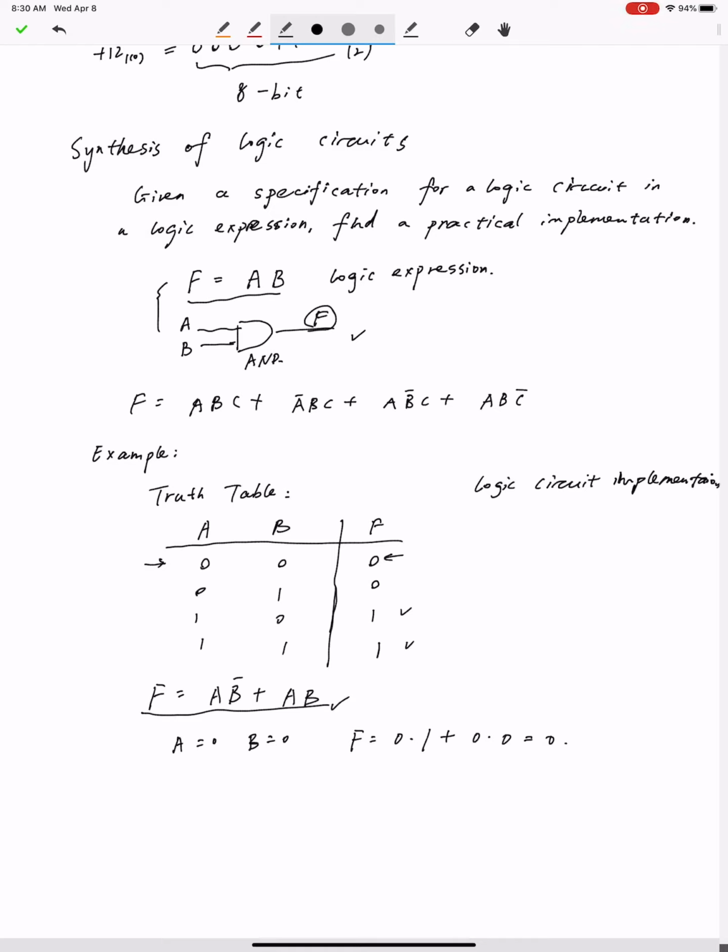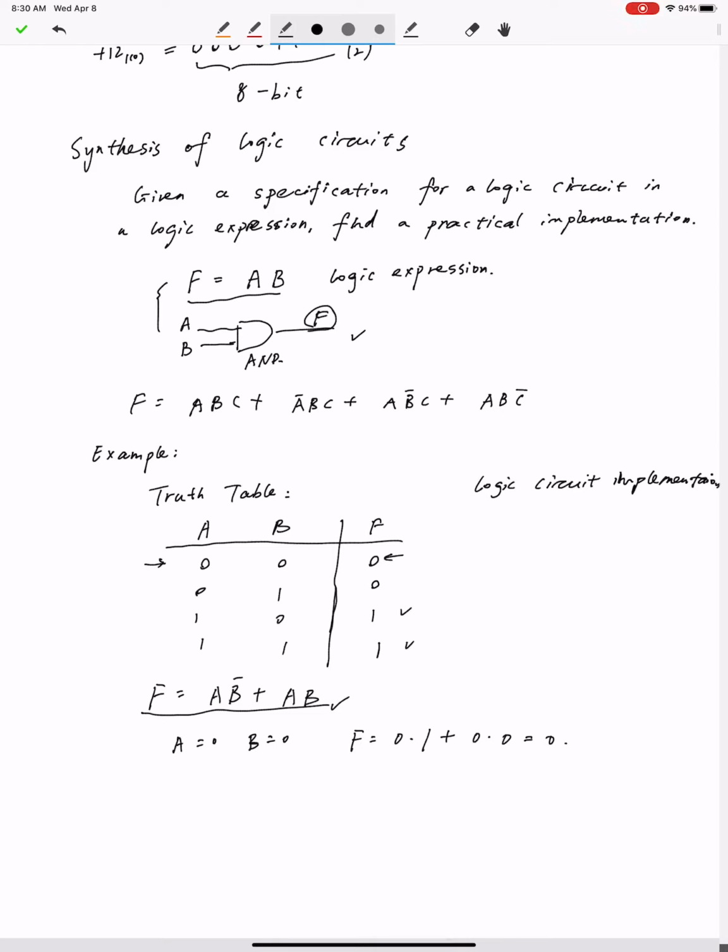Then you just look at what are the inputs of these two rows. For row 3, inputs are 1, 0. For row 4, inputs are 1, 1. Whenever you have 1, that will represent the original input, which means it's A. Whenever you have 0, that means you have the flipped or the opposite of the original input.